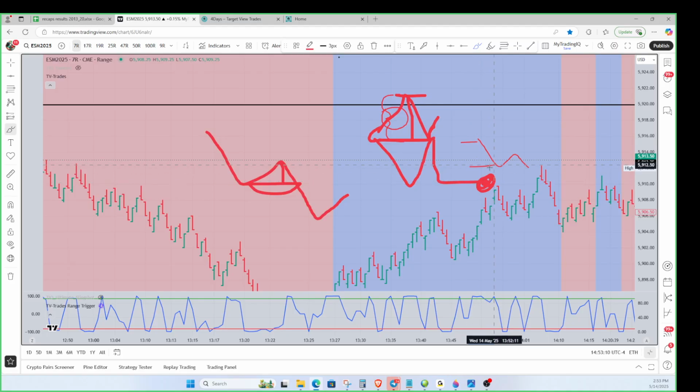The distance between here and here is less, and then the pullback gets bigger than this pullback. That shows weakness in the trend. If the push down is less and the pullback is bigger, it shows weakness in the trend, and eventually it's going to be higher than that, and it's going to be a trend change. It's going to go like that.